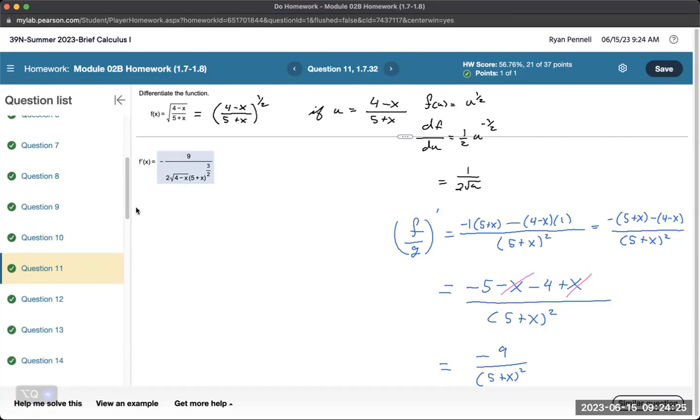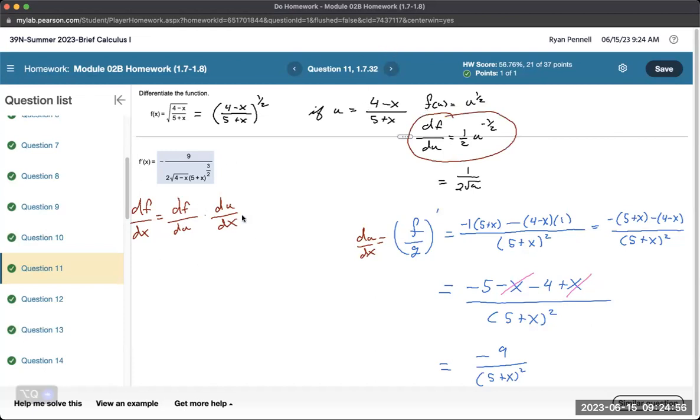Okay, and remember, df dx is going to be df du times du dx. Okay, and really what I found here is du dx. This is my df du. Okay, so let's build it.